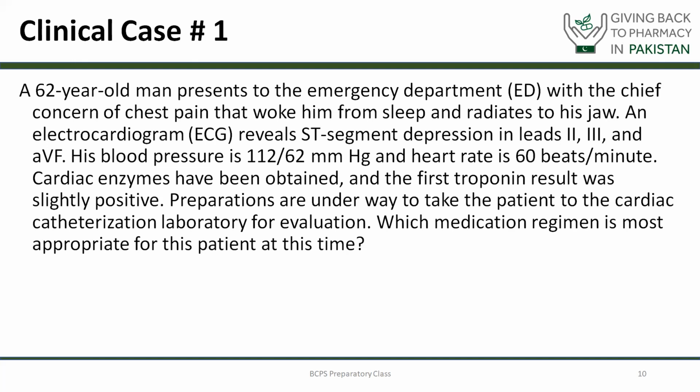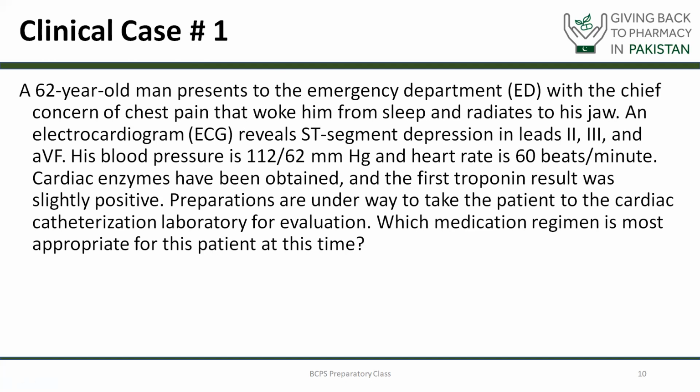Preparations are underway to take the patient to the cardiac catheterization laboratory for evaluation. Which medication regimen is the most appropriate for this patient? So blood pressure is 112 over 62 millimeters of mercury, heart rate is 60 beats per minute. This is the major concern, along with the 62-year-old age and positive troponin.